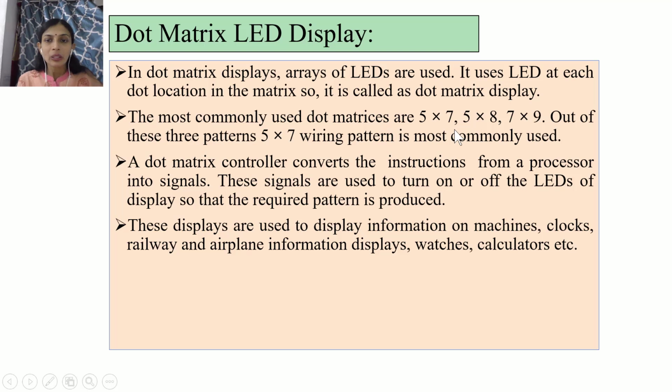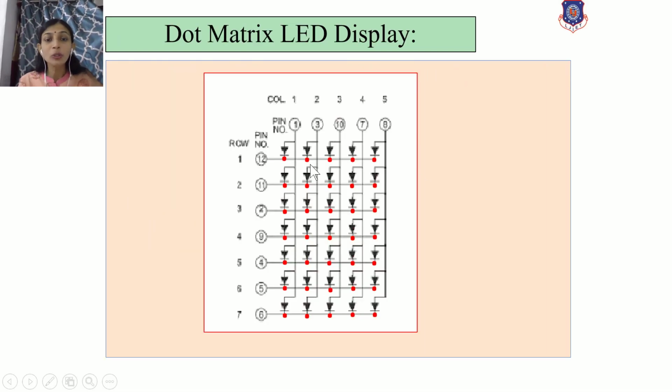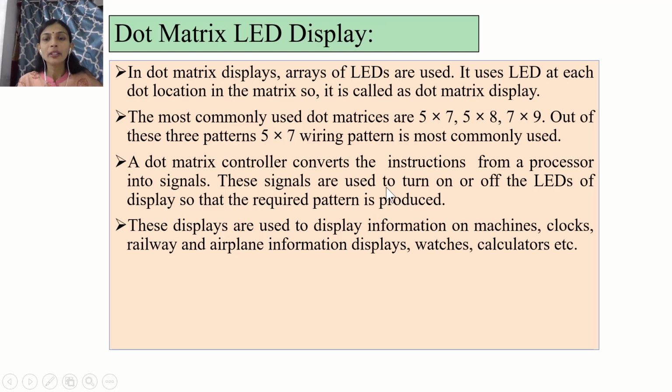The 5 cross 7 column and row wiring pattern will be used to convert the instructions from the processor into signals, and particular LEDs will be on and off. According to the signals from the microprocessor and controller, a few LEDs will be on and a few LEDs will be off. By turning the LEDs of the display on and off, the required pattern will be produced.